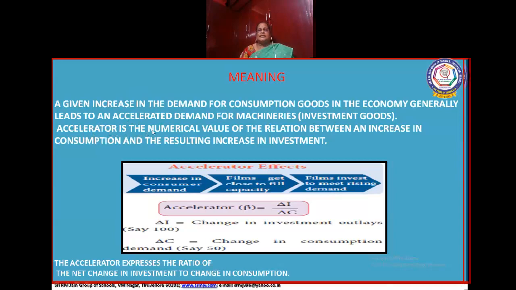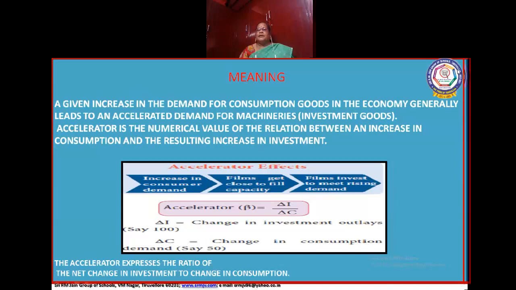Accelerator is the numerical value of the relationship between an increase in consumption and the resulting increase in investment. That is, accelerator beta is equal to triangle I by triangle C.